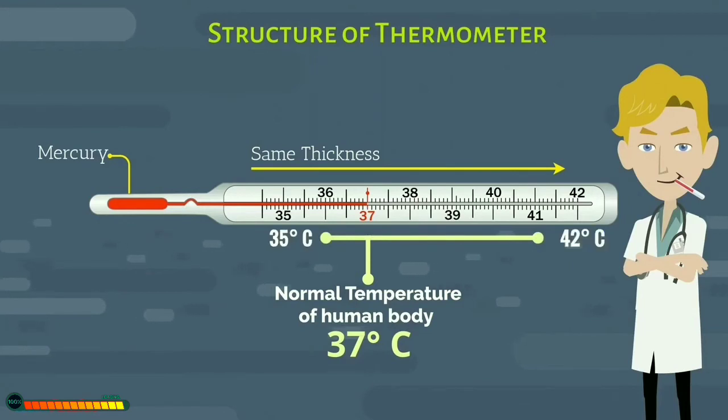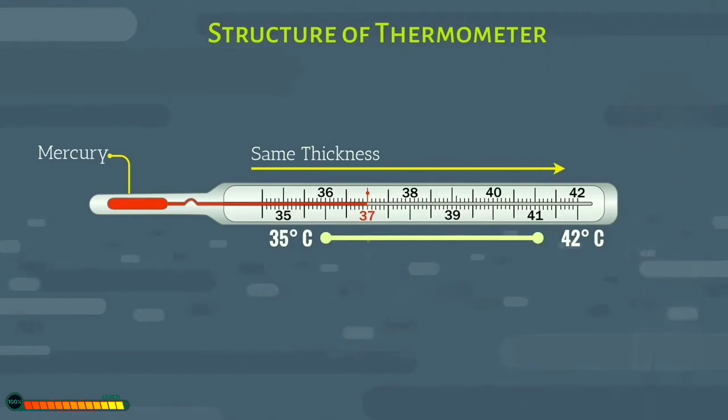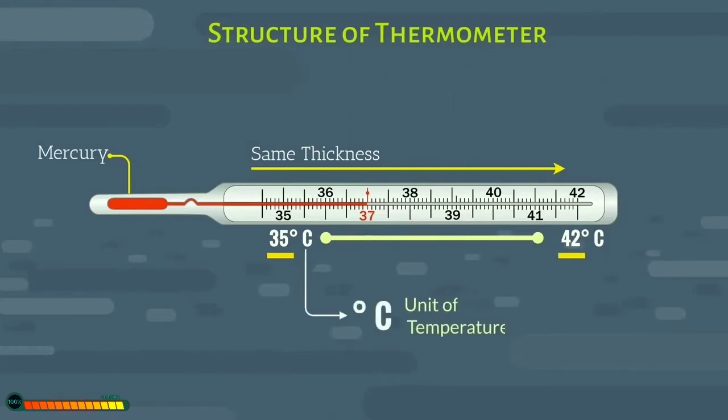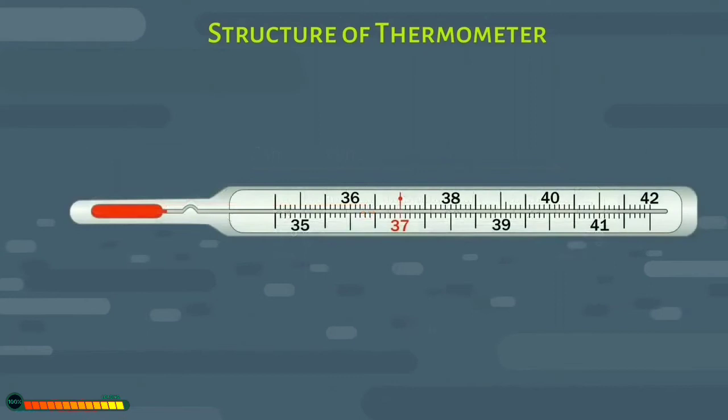However, it can vary from 35 degrees Celsius to 42 degrees Celsius. Therefore, the reading of a clinical thermometer ranges between 35 and 42 degrees Celsius. So, here we can say that degree Celsius is the unit of temperature.